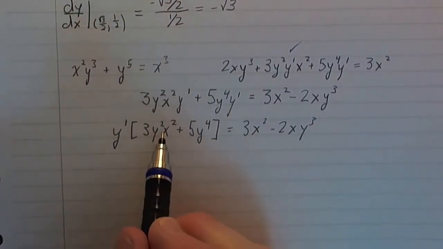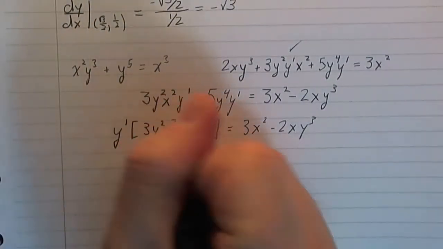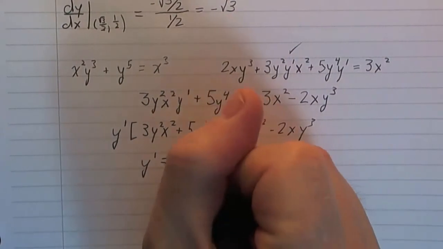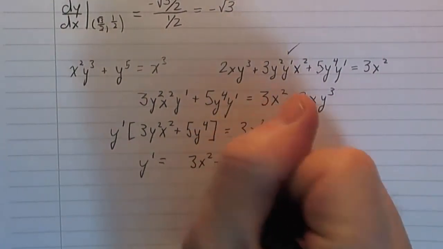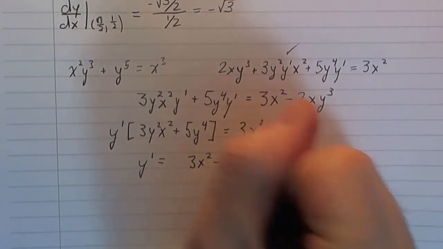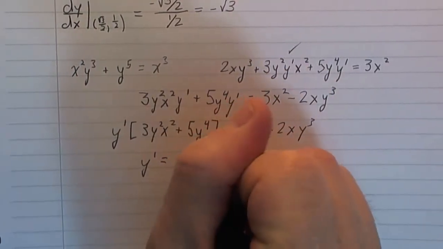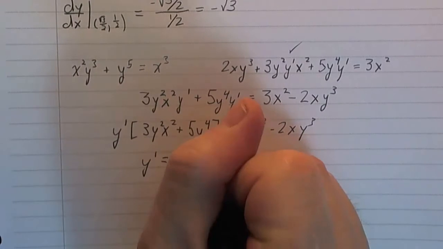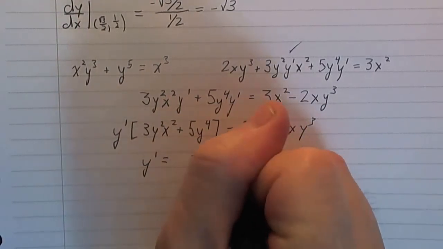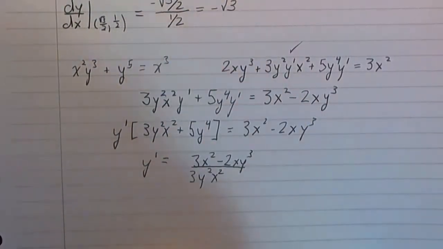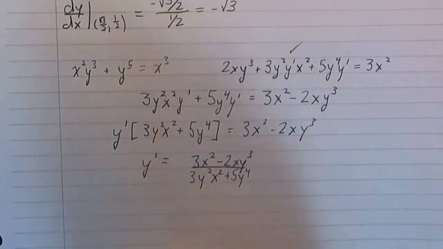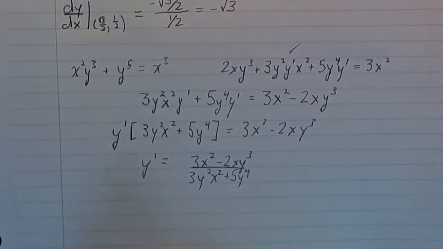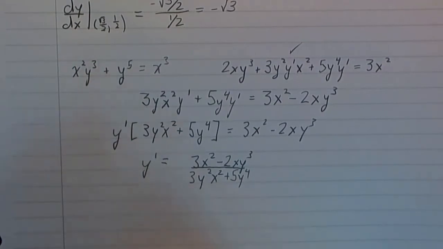I need to divide by this. So I get y prime is equal to 3x squared minus 2xy cubed over this thing, 3y squared x squared plus 5y to the fourth. There we go. And that is our dy dx.